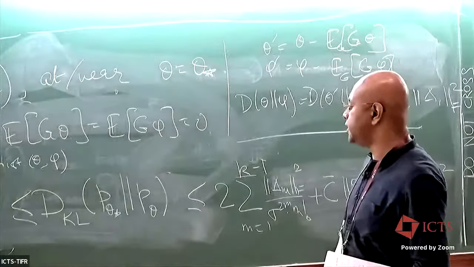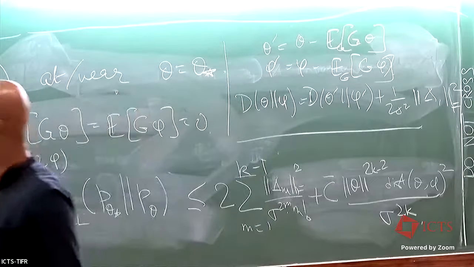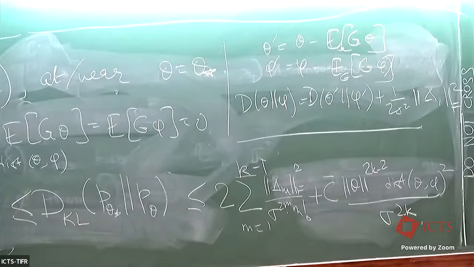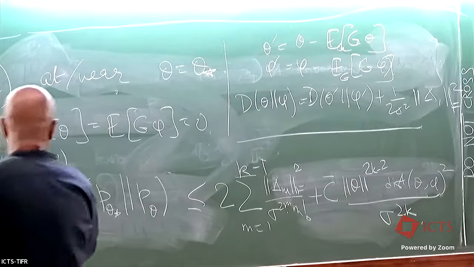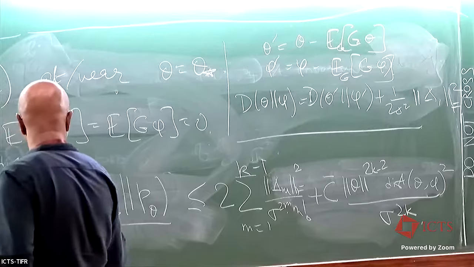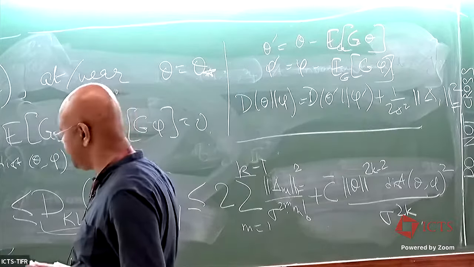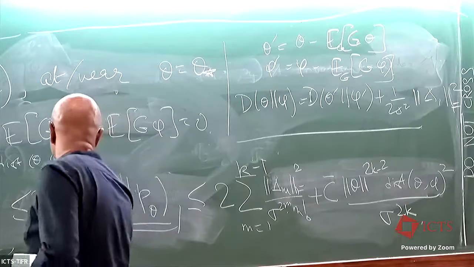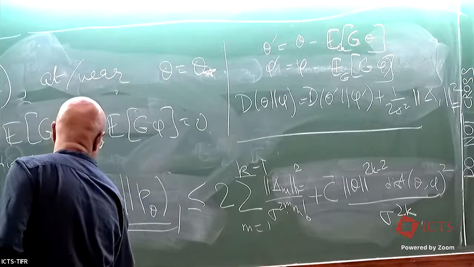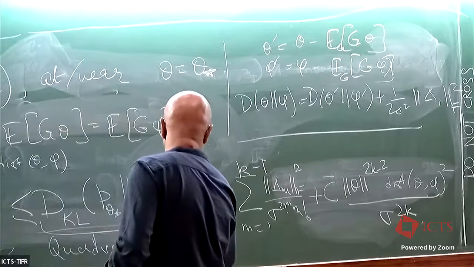You are going to invert the Hessian because you have the inverse Fisher information matrix. So what we are really interested in is a quadratic lower bound on this DKL near theta equal to theta star, in the distance.